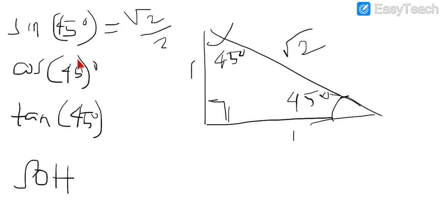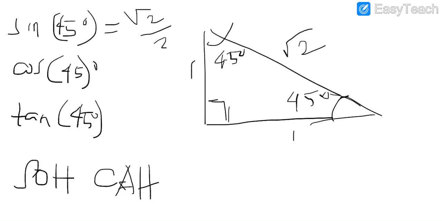Next, cosine of 45 degrees is equal to the adjacent side divided by the hypotenuse, that is 1 over square root of 2.